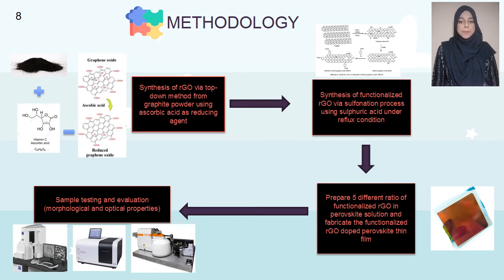Next, prepare 5 different ratios of functionalized reduced graphene oxide in the perovskite solution and fabricate the functionalized reduced graphene oxide doped perovskite thin film. Lastly, sample testing and evaluation on the morphological and optical properties.